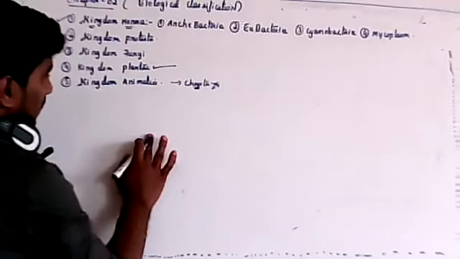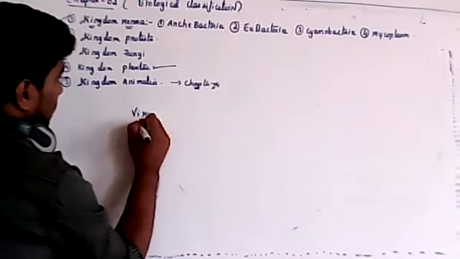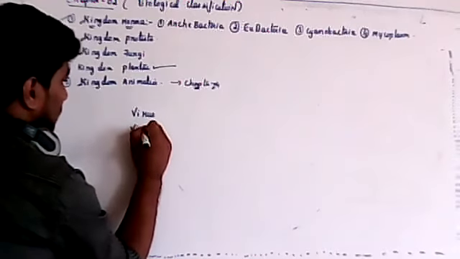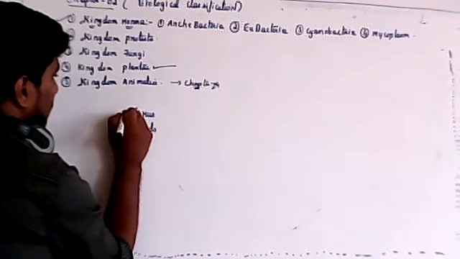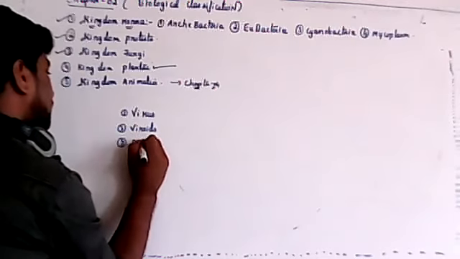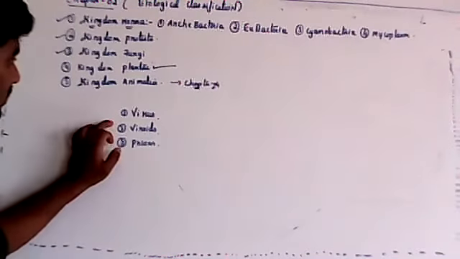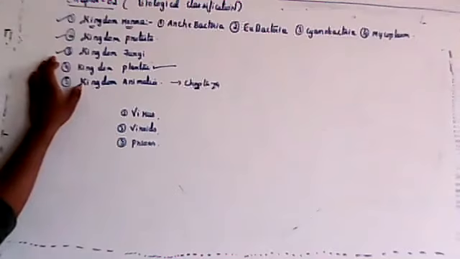Apart from this, there are organisms like viruses, viroids, and prions. They don't belong to the five kingdom classification.